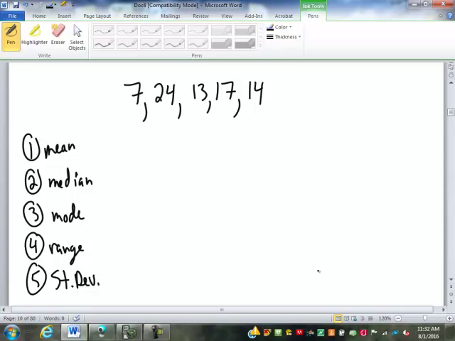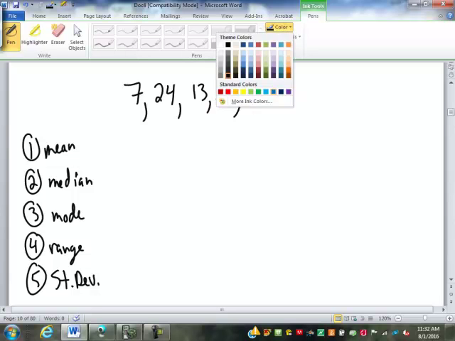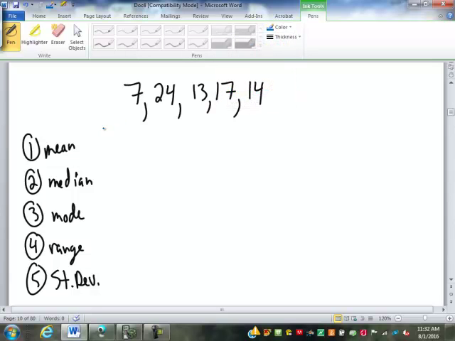For the mean, what do we have to do? We add them up and we divide by 5. The reason we divide by 5 is because n equals 5, because there are 5 numbers there.